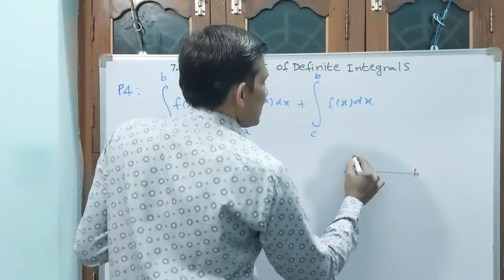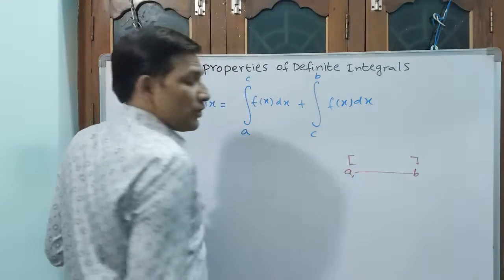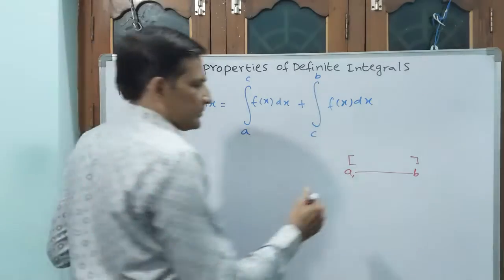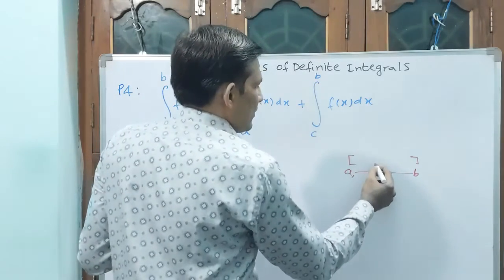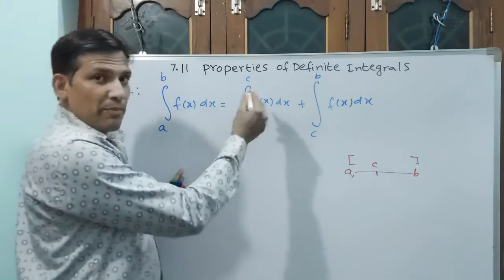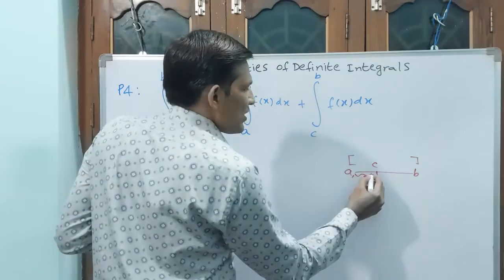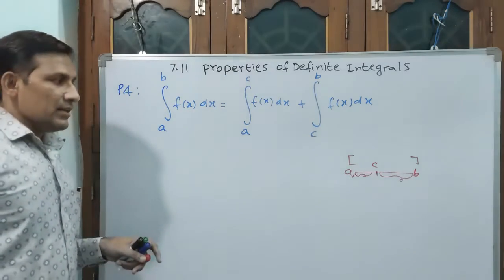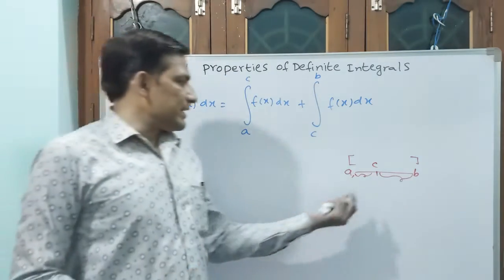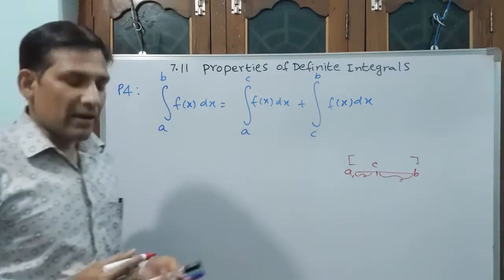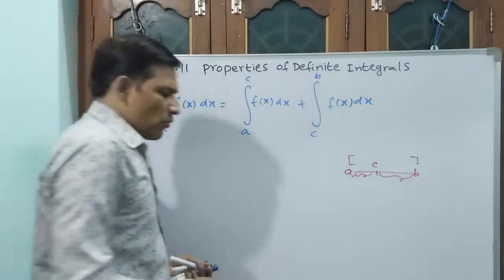In between, wherever it may be, it may not be exactly the center, say here, c is also there. That means you apply the upper and lower limits from a to c, and c to b. So the integral a to c plus c to b is equal to a to b, like they are mentioning.